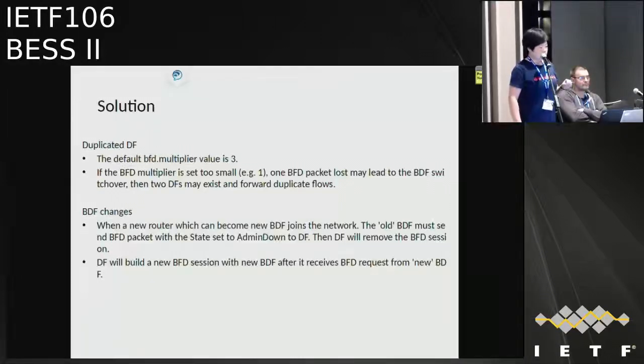By default, the BFD multiplier has a relationship with the detection time. The default value is 3. But because this value can be configured, if it is set too small, for example, to 1, then 1 BFD packet lost may lead to the BFD switchover.